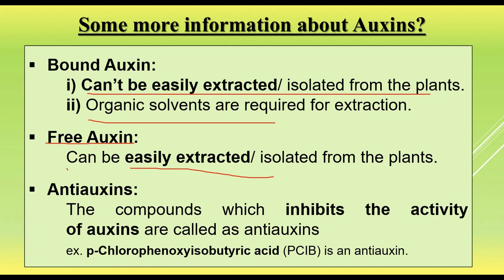Now another important terminology, that is antiauxin. The compounds which inhibit the activity of auxin are called antiauxins. Example, p-chlorophenoxyisobutyric acid, PCIB.